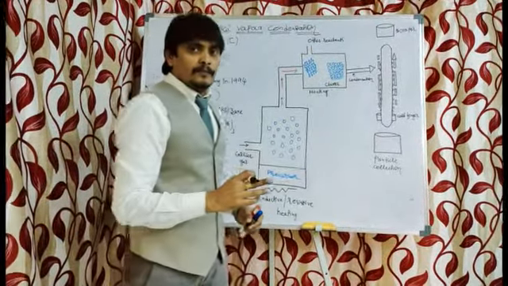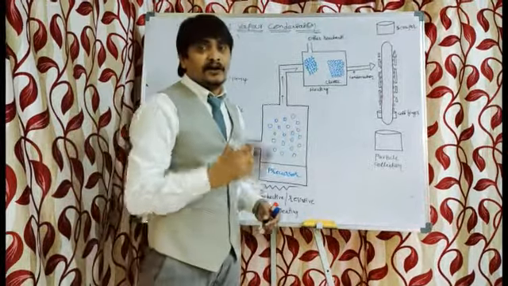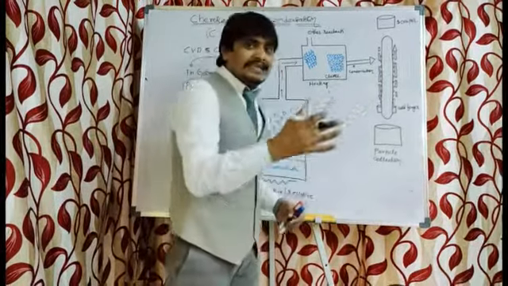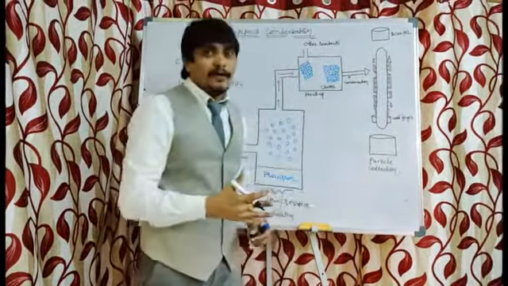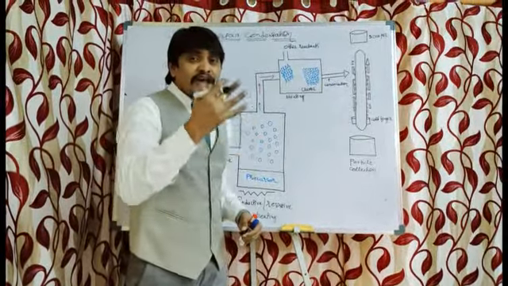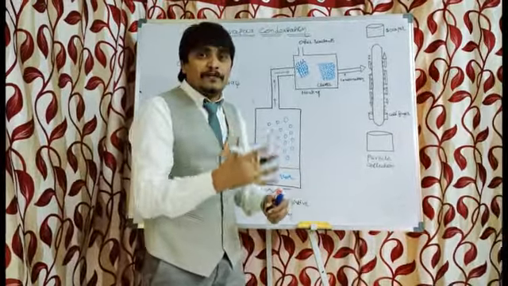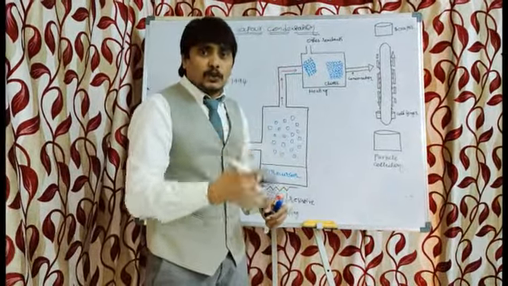Now, when the dynamic vacuum is created, already discussed in the previous class, when the dynamic equilibrium is generated inside the chamber, then the hot vapors of precursor 1 and the hot vapors of precursor 2 coalesce.